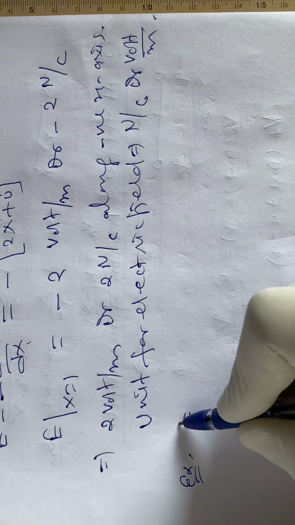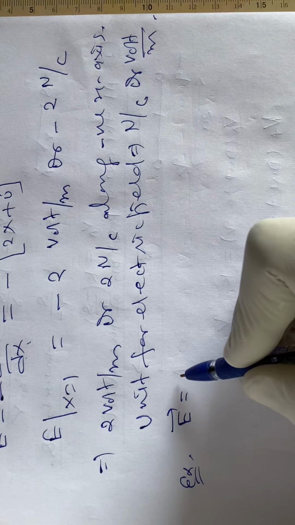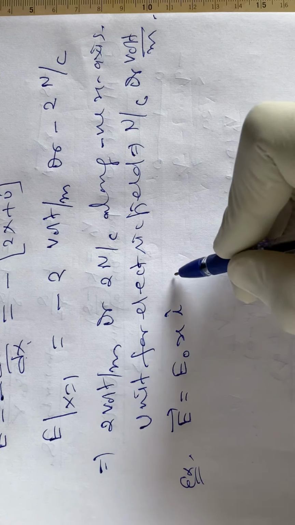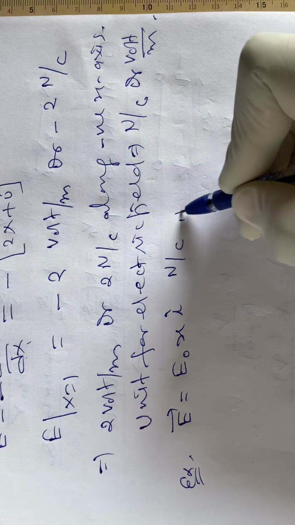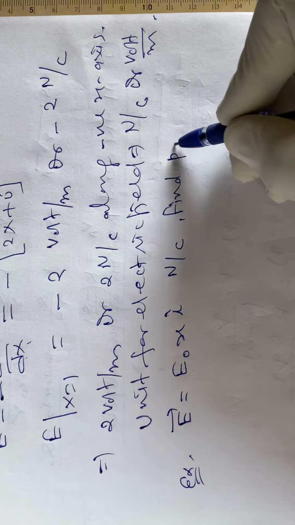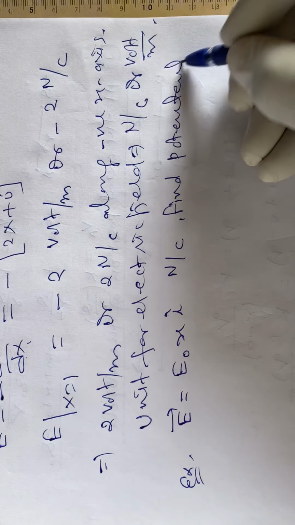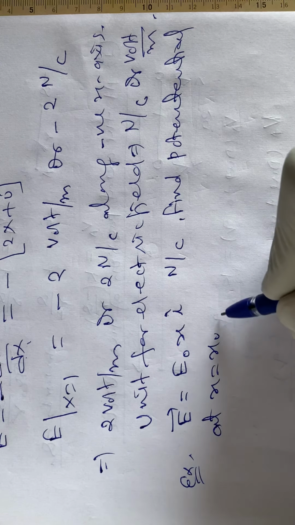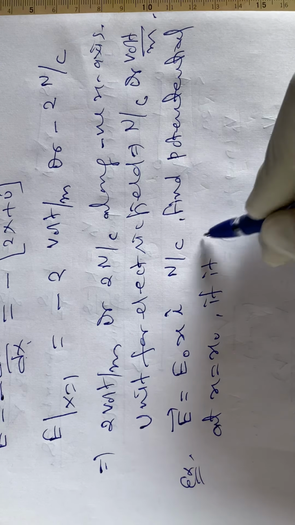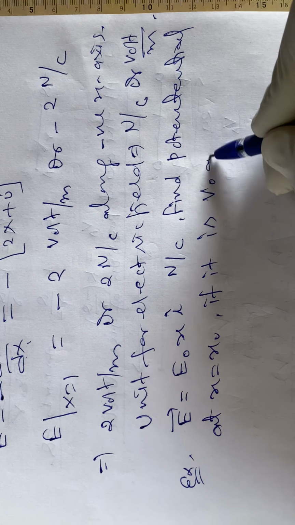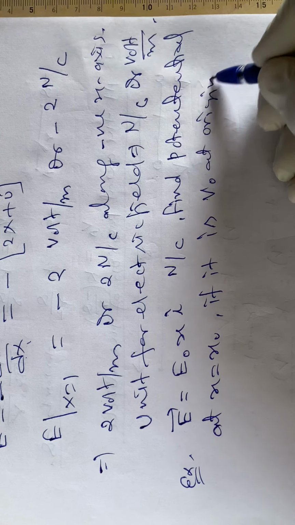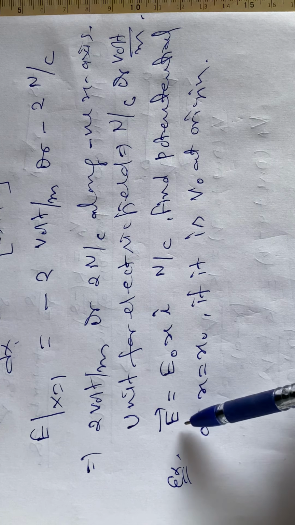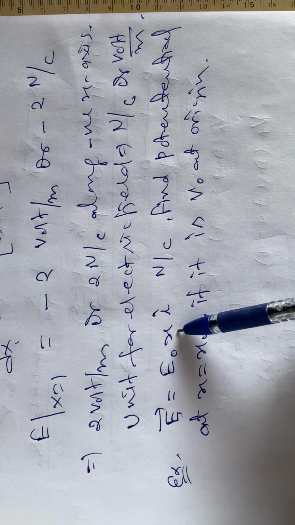Say if E is equal to E naught x i cap Newton per coulomb, find potential at x equals to x naught if it is V naught at origin. Okay, now here one can see that electric field is a function of x only.